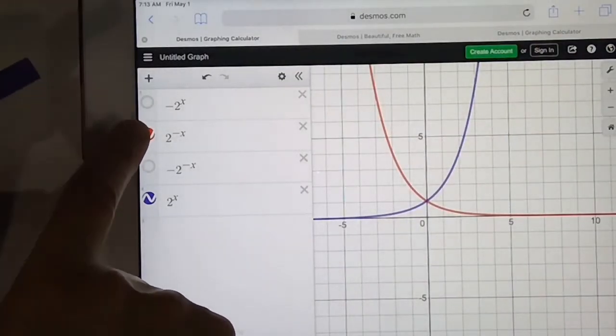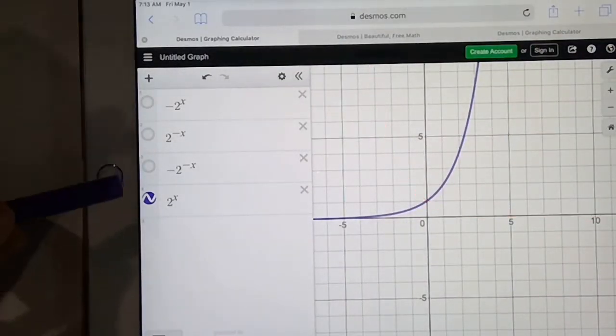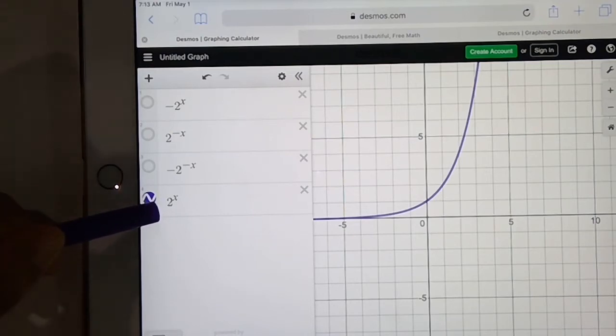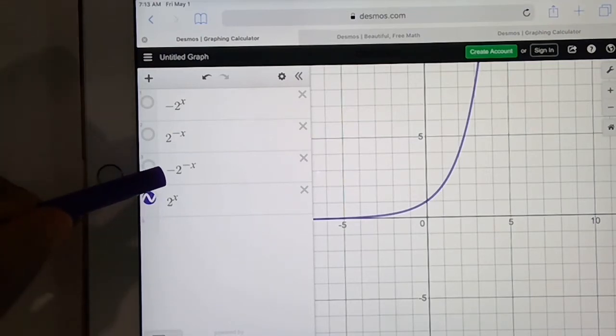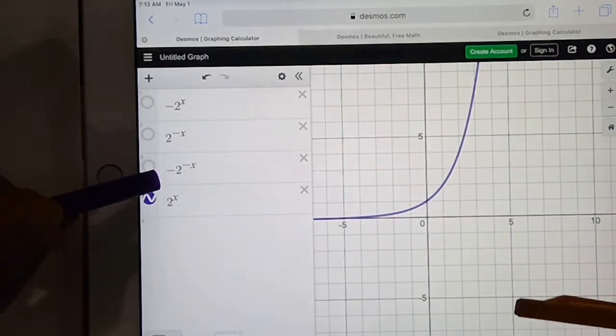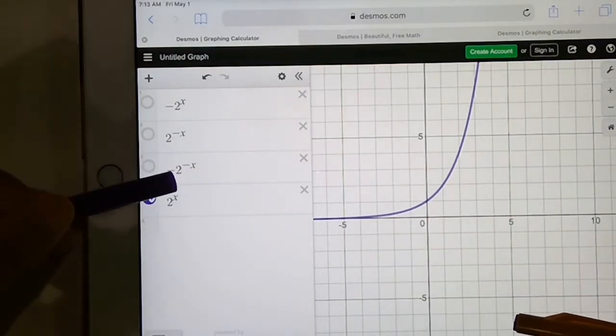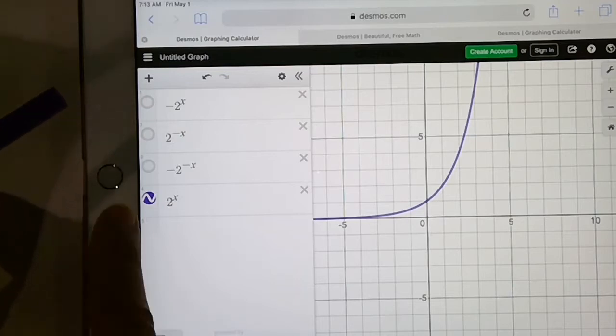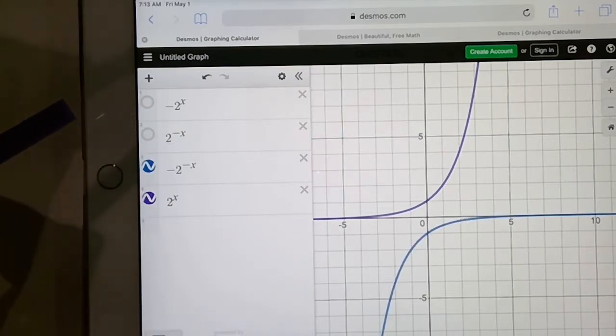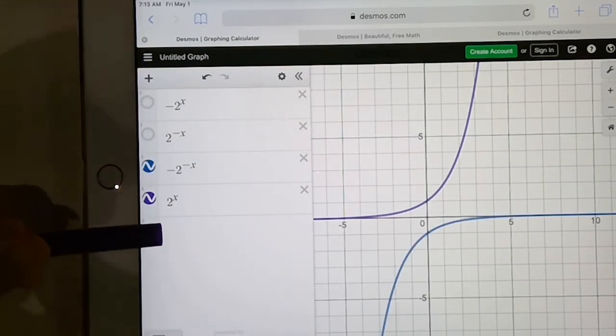All right, last one: if this is your original function, what does a negative and a negative do? Well, we know the negative reflects it down, and then this negative will reflect it the other way. So do you guys know what that looks like? Okay. All right. So that's what the negatives can do to your graph.